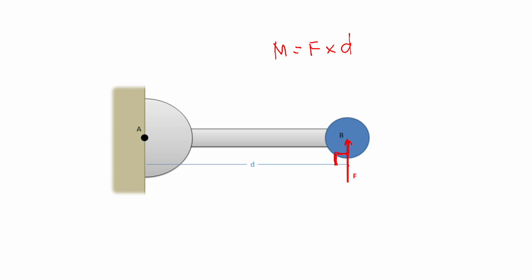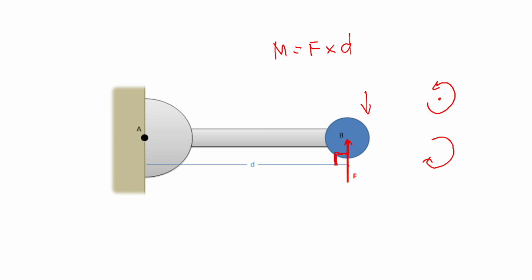Now to determine the sign of the moment, we determine what type of rotation the force would cause. In this case, if we apply a force on B which is directed upwards, it will produce a counterclockwise rotation. While if we apply a force that is going downwards, it will produce a clockwise rotation.